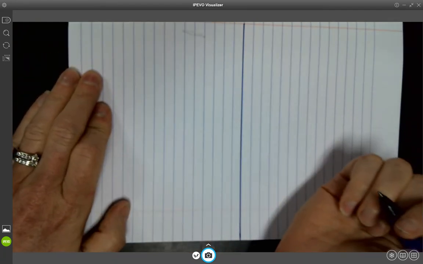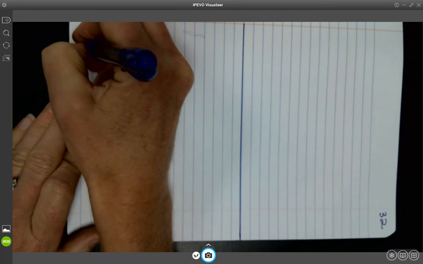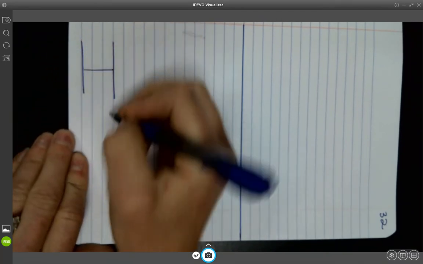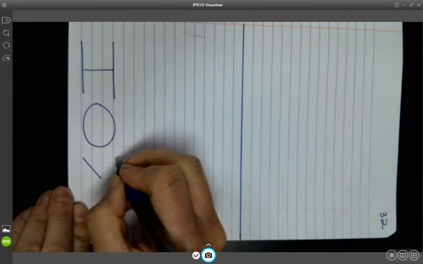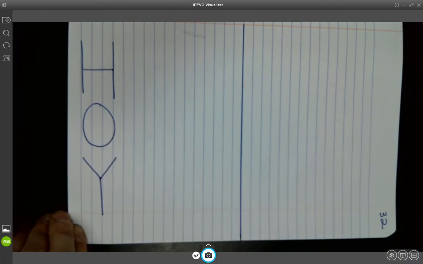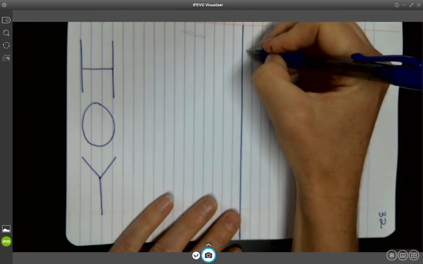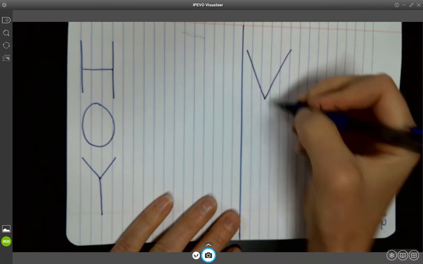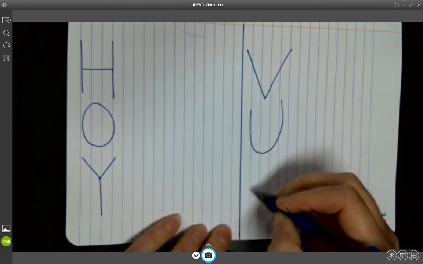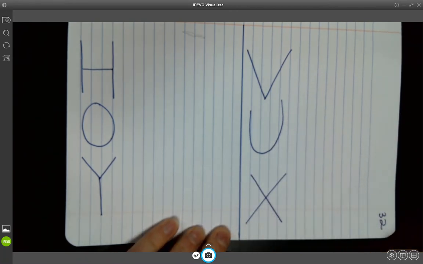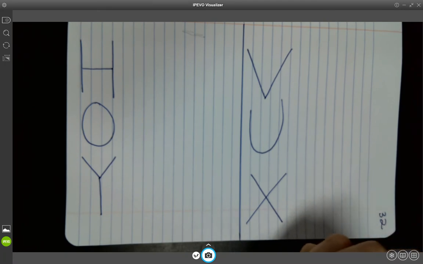And I'm going to write H, O, Y on the left side for hoy. And on the other side, V, U, X. So this is to help you remember vertical and horizontal lines.